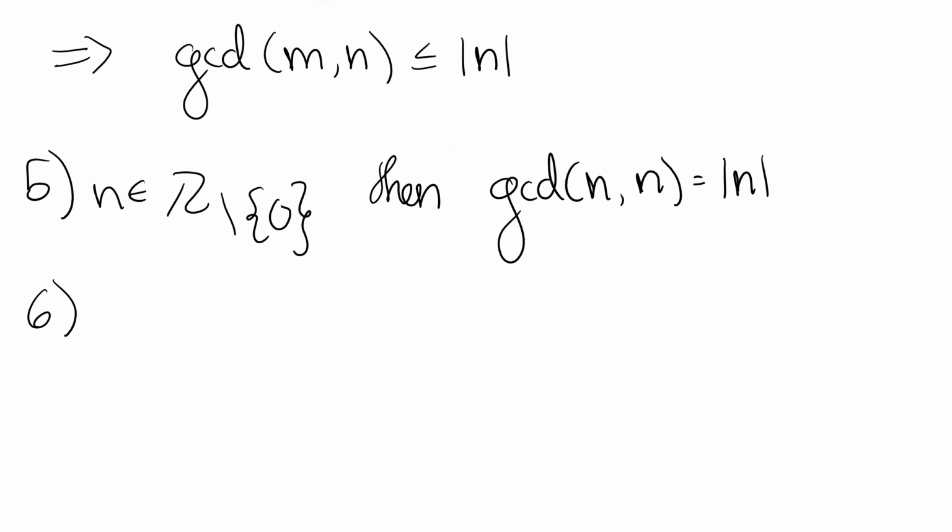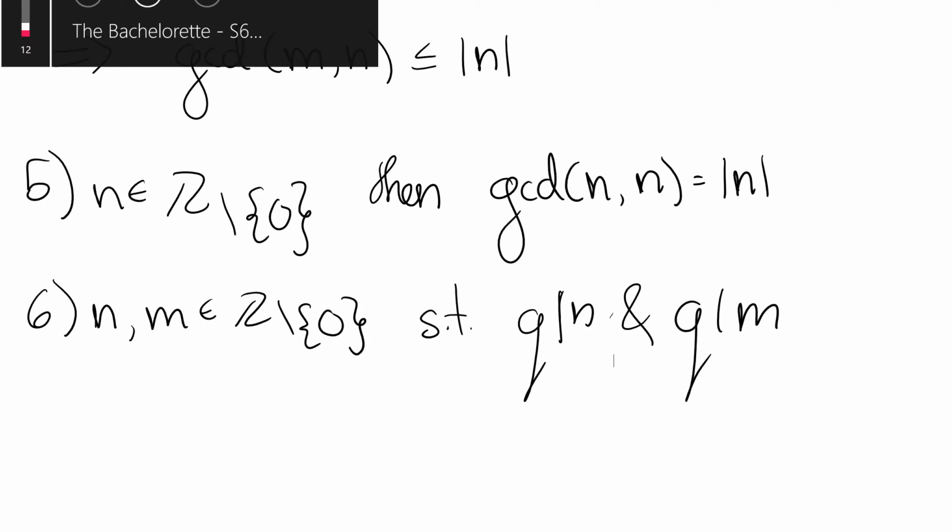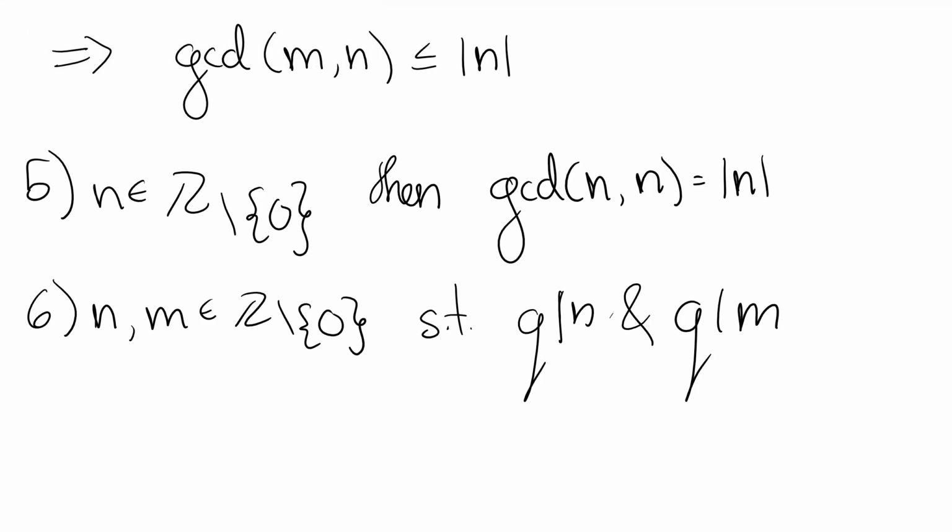So also, if we think about n and m non-zero integers, then, such that q divides n and q divides m. Remember, for something to divide something else in this way that we're defining it, it must be that q is an integer, a non-zero integer, because remember, we don't divide by 0.